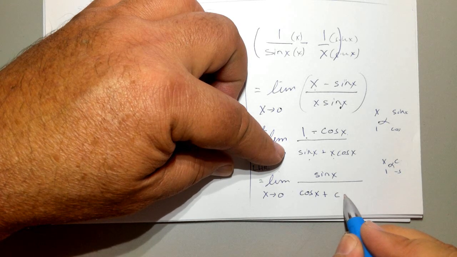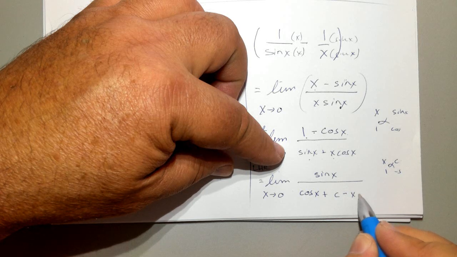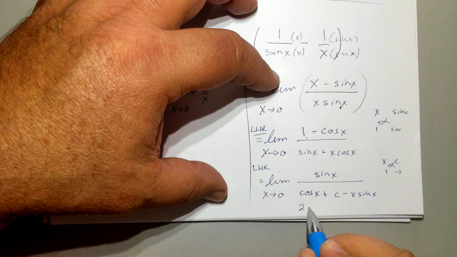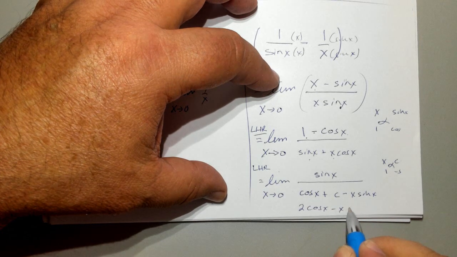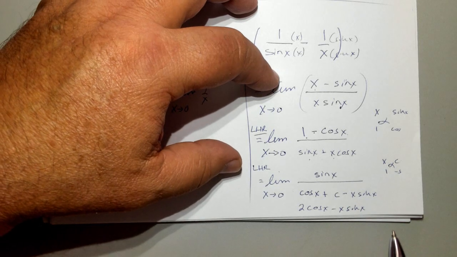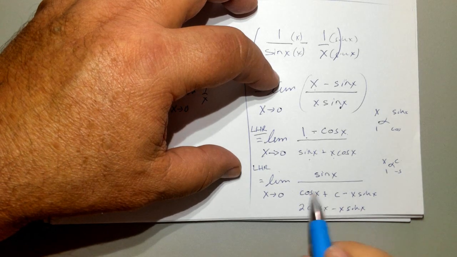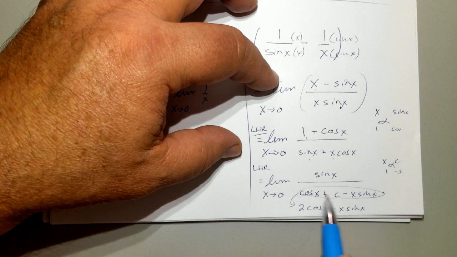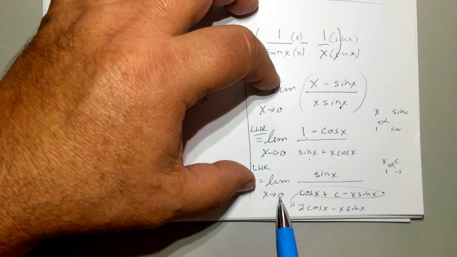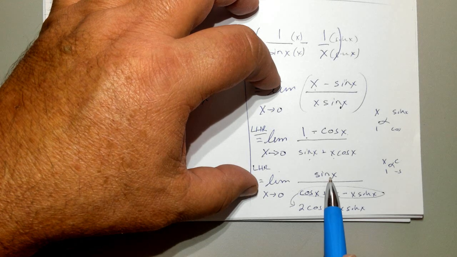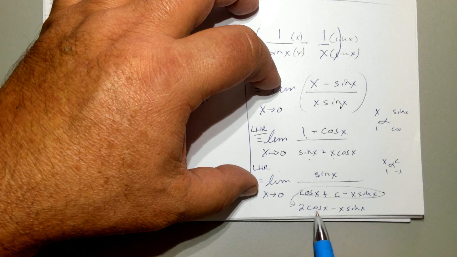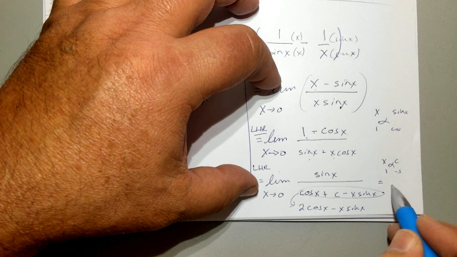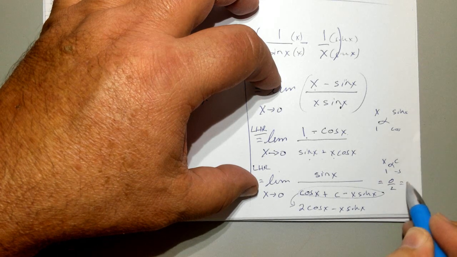That's cosine x sine x. 2 cosine x minus x sine x. Cosine plus cosine is 2 cosine minus sine x. When we put 0 in there, sine of 0 is 0. 2 times 1 minus 0. So it's 0 over 2, which is 0.